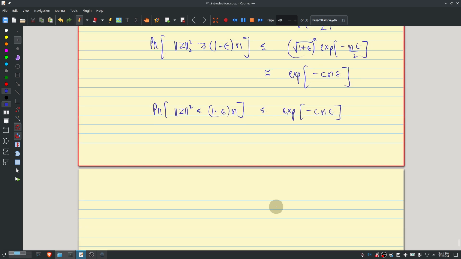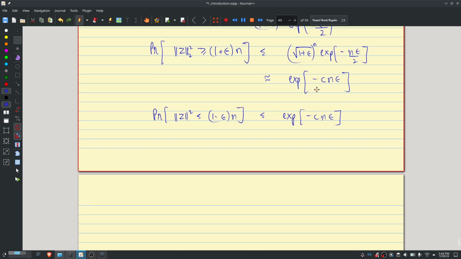Now, one thing to note is that this holds for any epsilon and any n. Right? There's some universal constant c for which this happens.